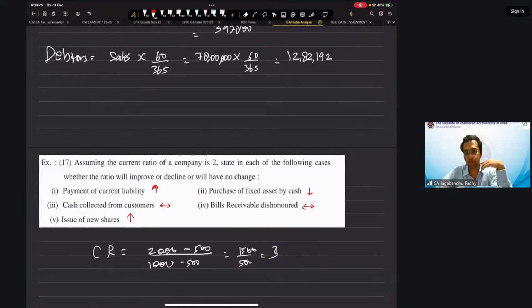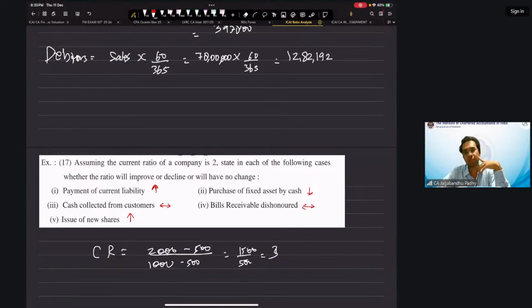I think you need to brush up the bills discounting concept again. Because there, when the bill receivable is dishonored, you will credit the bills receivable but debit the debtor. Basically, your bills receivable goes out and the debtor comes in again. But where is the liability here?